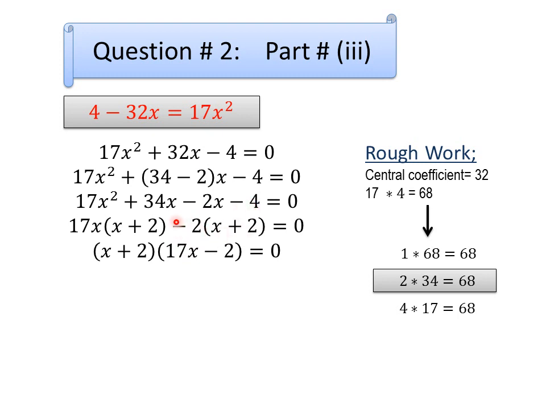So minus, whenever taken common, changes the sign of the term inside the bracket, and minus, whenever multiplying with the bracket, changes the sign. So in both cases the sign is changed.